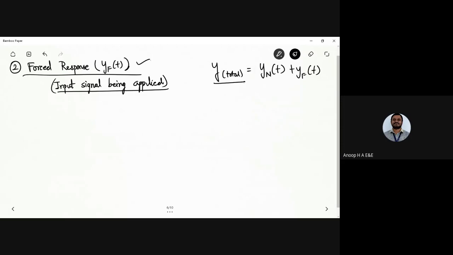But one thing you have to be very clear about: whatever initial conditions we use for the natural response of the system, we can't take them for the forced response of the system. The total response is generally given by the sum of the natural response and the forced response of the system.